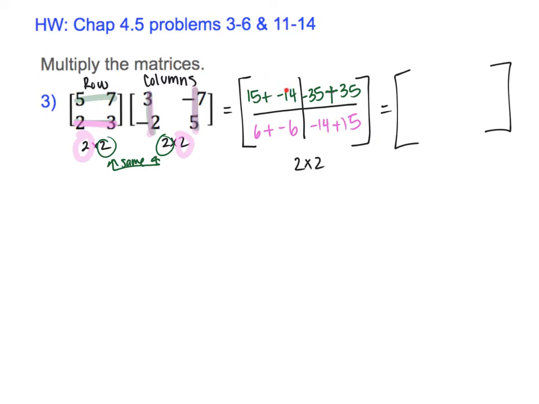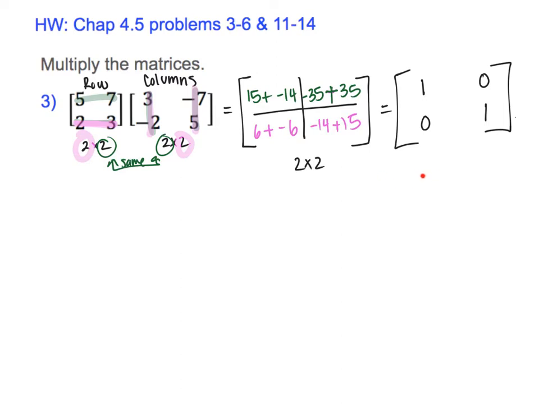In the first box here, 15 plus -14 is 1. Next number, -35 plus 35 is 0. The second row, these two will combine to give you 0 as well. And then the last box here, -14 plus 15 gives me 1. And so here is my new matrix.